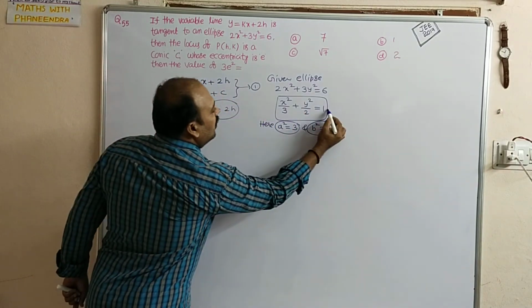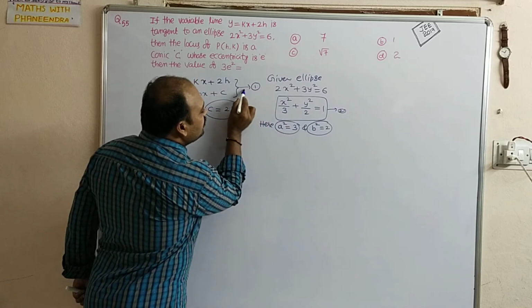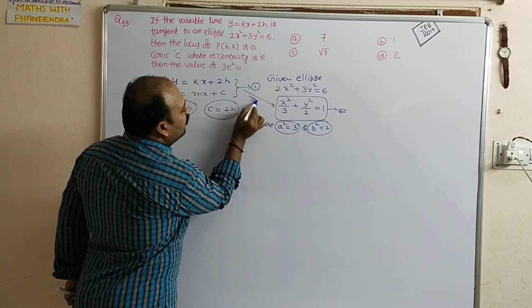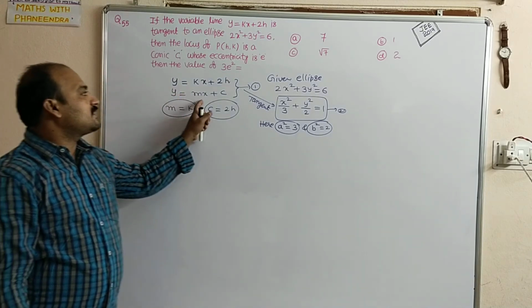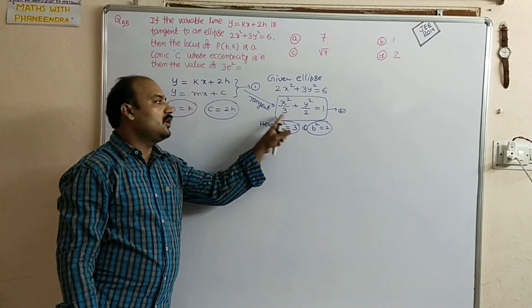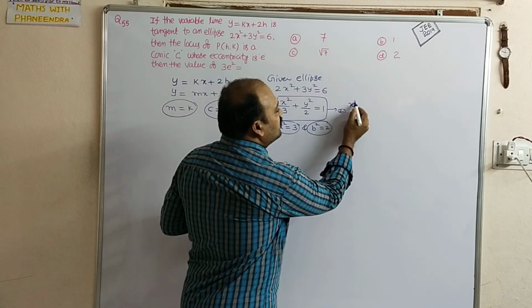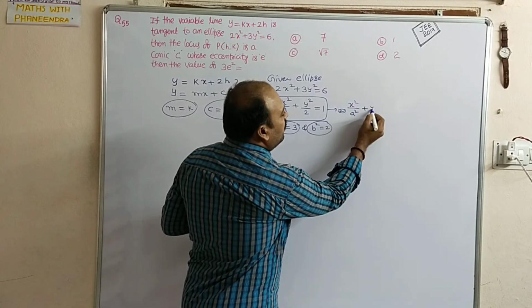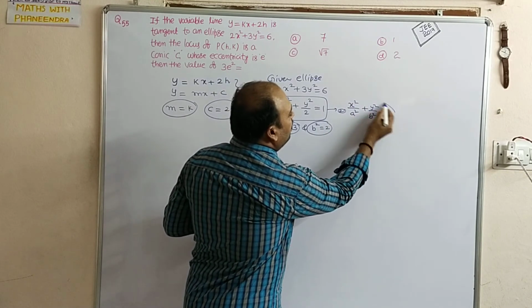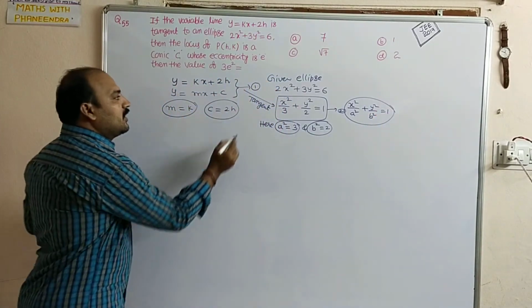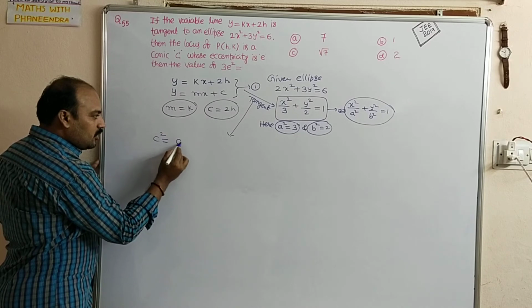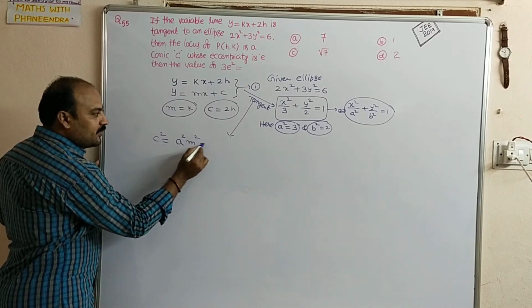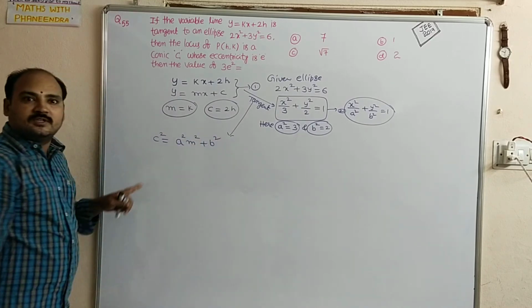Equation 1 is tangent. y is equal to mx plus c is to be tangent to the ellipse x square by a square plus y square by b square equal to 1. Then we have the condition. Tangent condition is what? c square equal to a square m square plus b square. This is the condition.